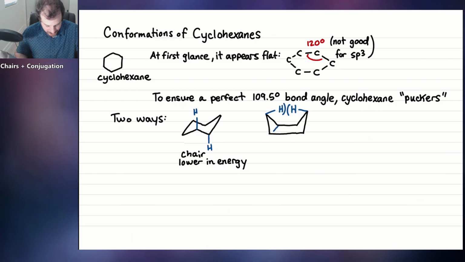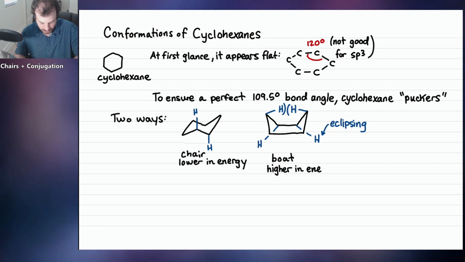And then also, the hydrogens that are down here are eclipsed with one another. So there's eclipsing hydrogens, which we know are bad. So this is called the boat, and it's higher in energy, aka bad. So what we're going to see is that cyclohexanes prefer the chair form.